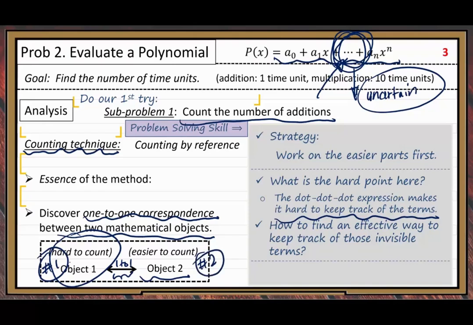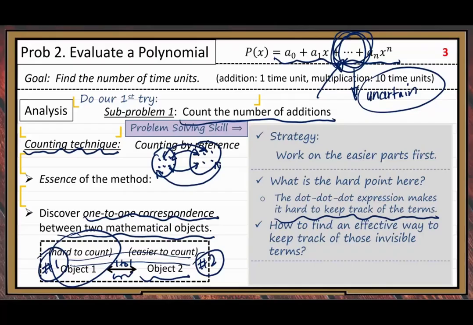Why are these two numbers the same? Because of the 1-to-1 correspondence. You have a certain number of object 1 and a certain number of object 2, but always 1-to-1. Can you say the number of objects in these two sets are the same?